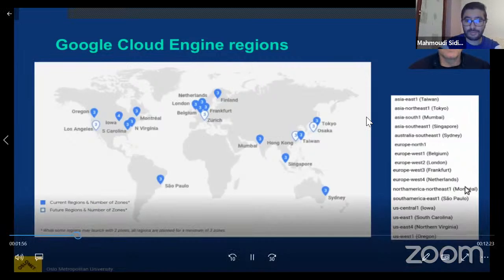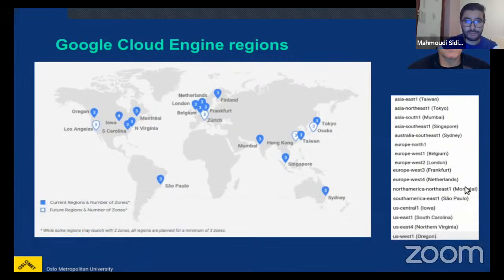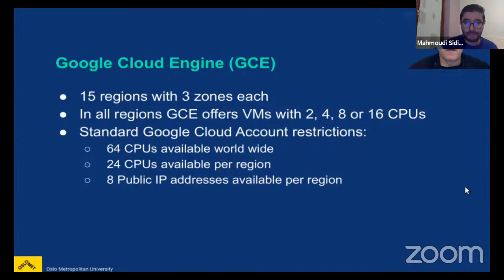Google Cloud Engine is spread all over the world in so-called regions. At the time of the experiment, there were 15 regions, but the number is increasing from year to year. For the experiments, we used VMs with 2, 4, 8, or 16 CPUs.